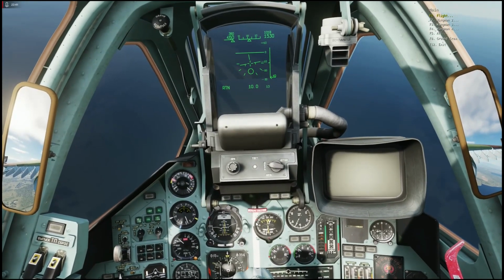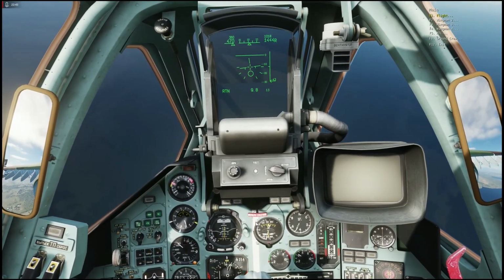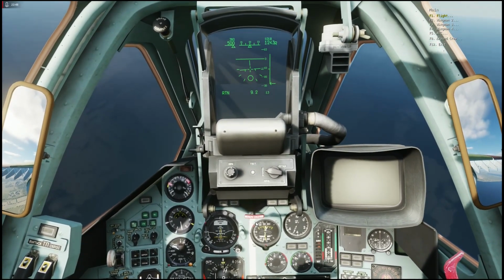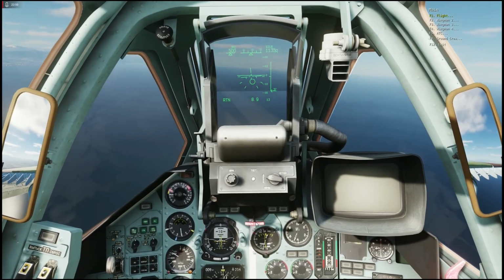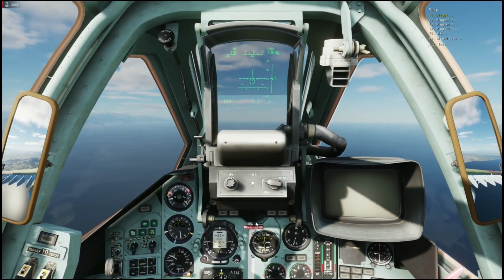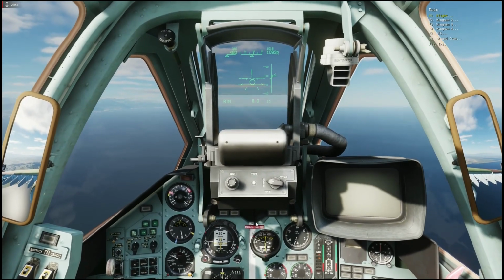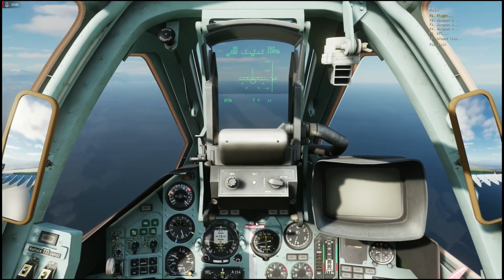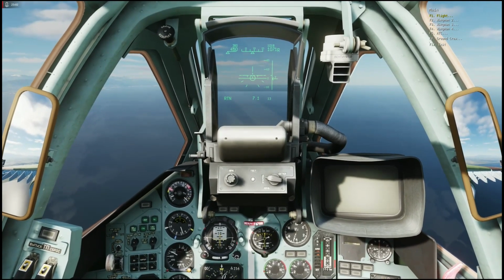A bit of left roll. Right now I'm just flying according to the circle. And I need to be pulling it up. See? I was ahead of the circle because I looked at my VVI instead.